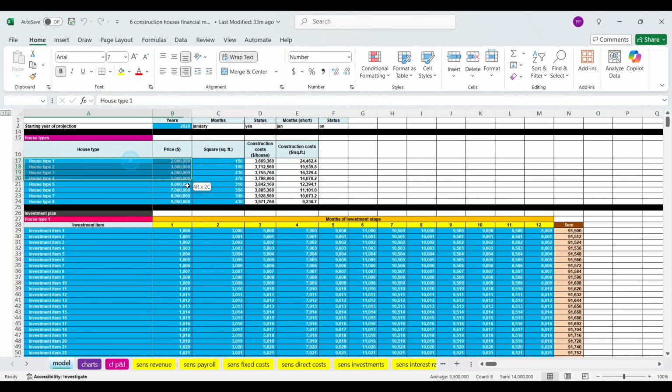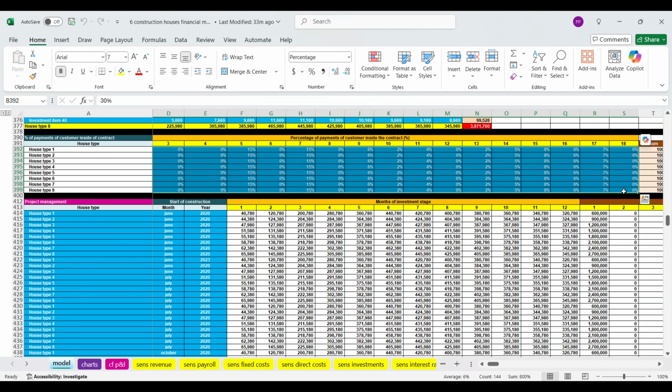So imagine, if you start building the house and you already got 100% of the asking price for this house, you can build it using the inflow of the customers' money, or you will be building all the houses using only your funds or loans, and somewhere in the future, on the 15th month or 18th month, you will be getting the revenue selling this house.